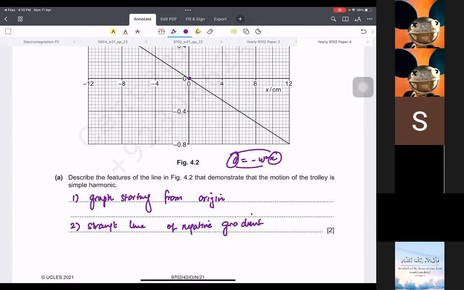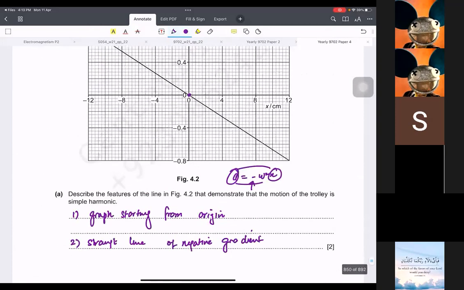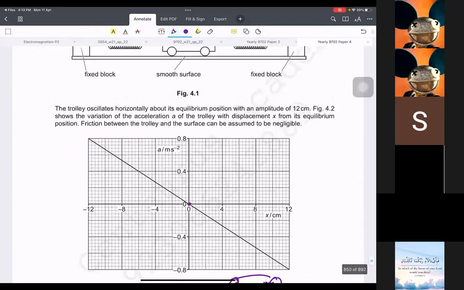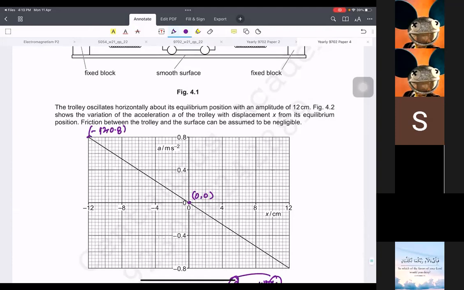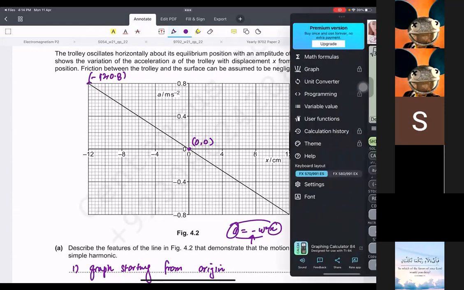All right, so that will show you that there's a minus sign here. Use the graph to determine the period of oscillation. Now you need to basically make a sort of a gradient, right? It's easier to take 0 and 0, and here you could take 12 minus 12 is 0.8. So when you find the gradient, right? So gradient got to be constant.